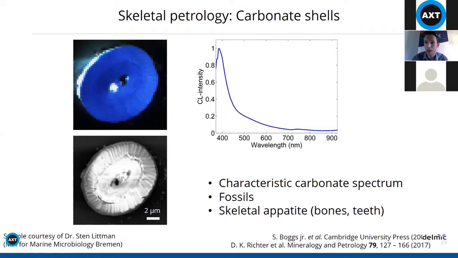In fact, there's also interest to look at biominerals like bones and teeth, which are more apatite based. In that case, it's also interesting to use cathodoluminescence, either for biological research, but also for archaeology or paleontology. For these things, it is also a relevant technique.